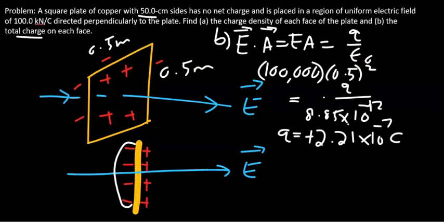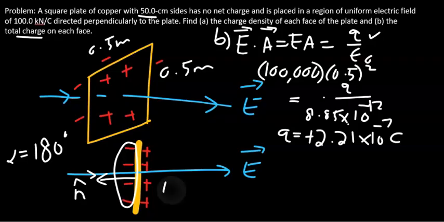The Gaussian surface can be drawn like that. Note that the normal vector is going to the left, the electric field is going to the right. So the angle between them is 180 degrees. So let's use again the Gauss's law to determine the charge. E is 100,000 newton per coulomb.